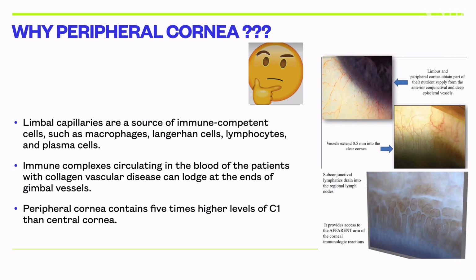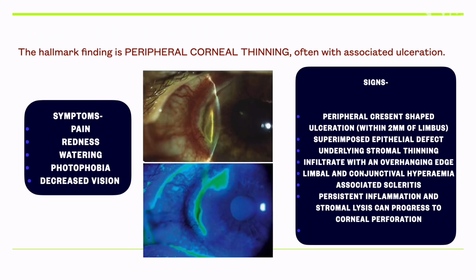Patient usually presents with the hot angry eye with significant pain and redness as the primary complaints, often accompanied by photophobia and blurred vision. On examination, there is peripheral crescent-shaped ulceration within 2 mm of the limbus with superimposed epithelial defect and underlying stromal thinning and overhanging edges of the infiltrates.